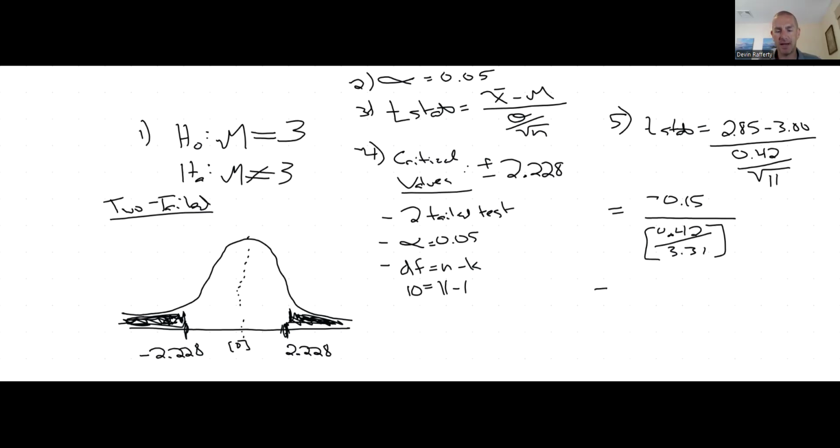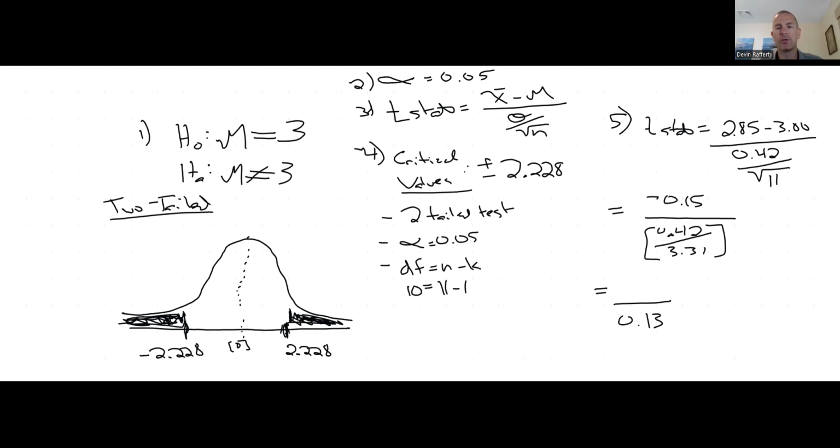The next step, I'm going to do 0.42 divided by 3.31, which gives me a denominator of 0.13. I'm rounding up: 0.42 divided by 3.31 is 0.126.